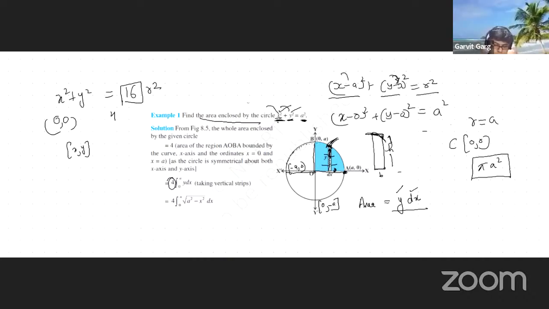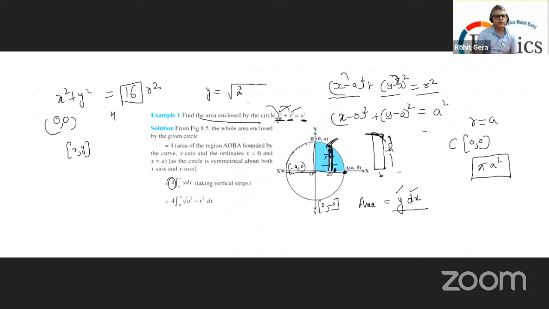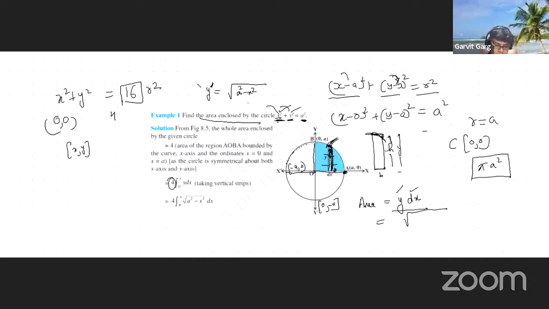If I were to write the height of this circle, what will that be? Y is equal to under root of a square minus x square. So I'm writing the height of the circle, or height of the elementary strip, Y, and remember I told you it's a straight line.